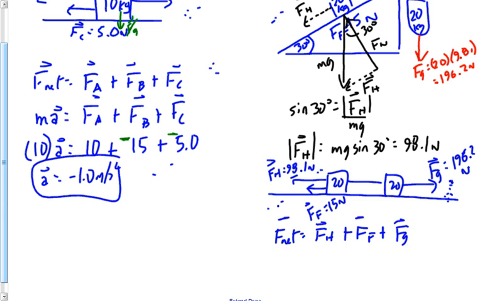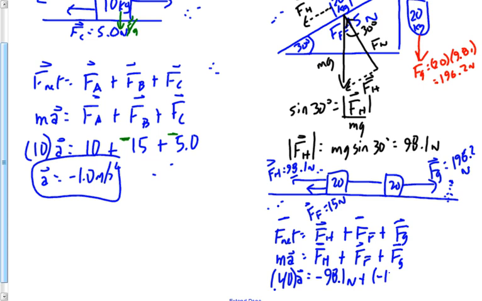F net is equal to m times a. And m would be 40 in this case. FH is negative 98.1. FF is negative 15. FG is 196.2 newtons.